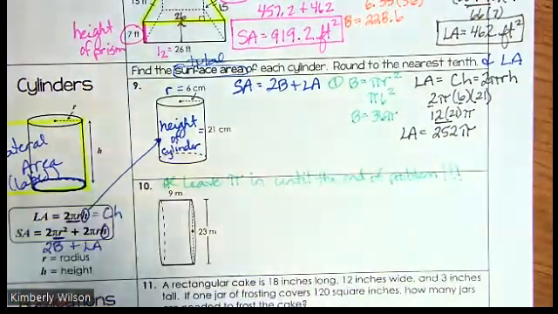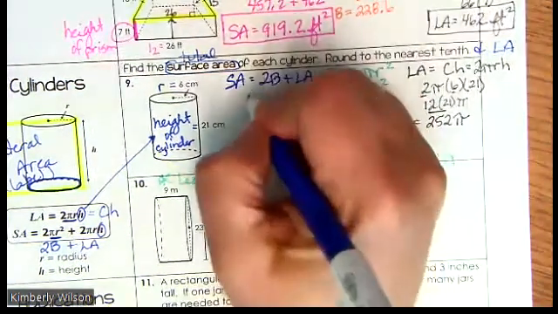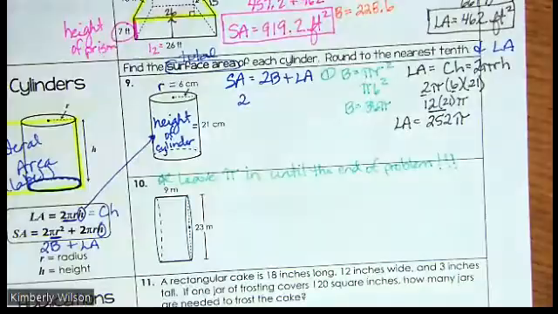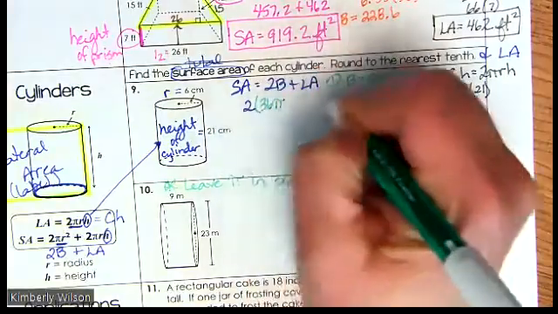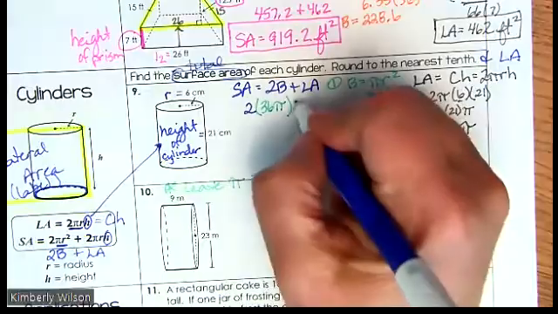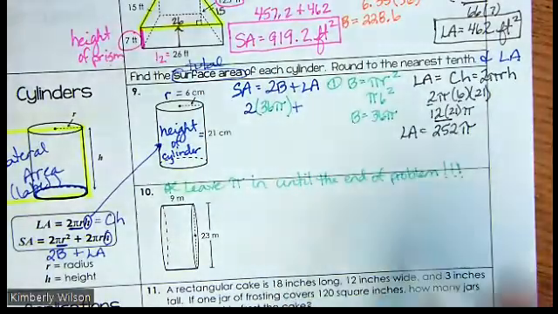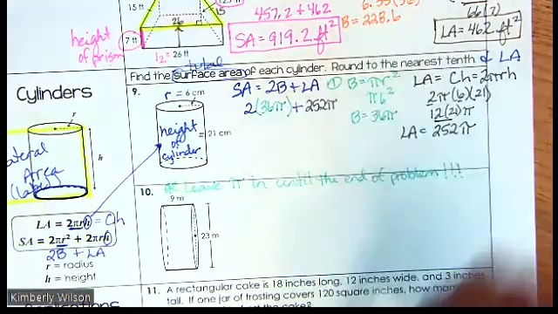I want to go back and solve now. So we plug in our information. We have 2 times 36 pi plus 252 pi.